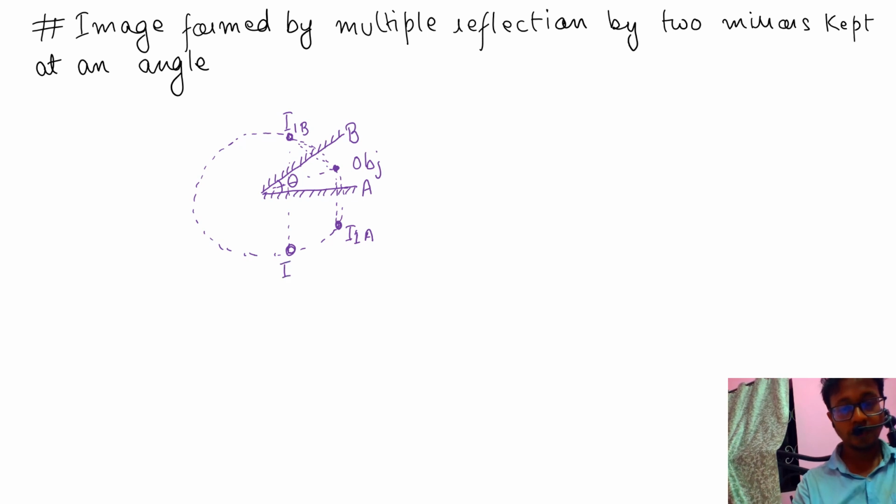So image 2 on mirror A. And this first image by mirror A will act as an object on mirror B, and will be reflected somewhere around here. So image 2 of B.